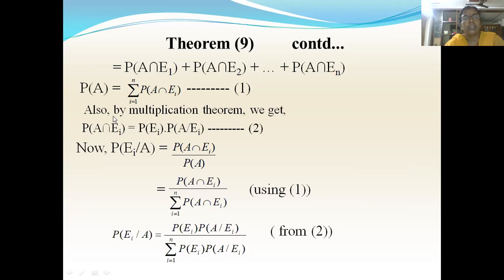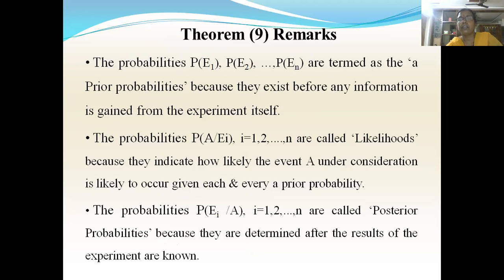P(A ∩ Ei) = P(Ei) × P(A|Ei). So wherever I have this probability A ∩ Ei, I'll substitute P(Ei) × P(A|Ei). So that is what I have done here. P(Ei|A) will be equal to P(Ei) × P(A|Ei) by summation, i from 1 to n, P(Ei) × P(A|Ei). Hence, it is proved.